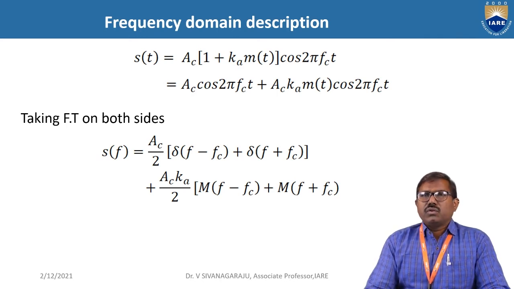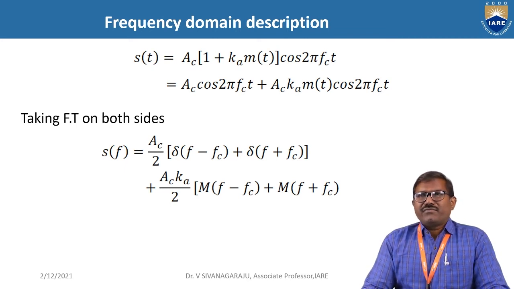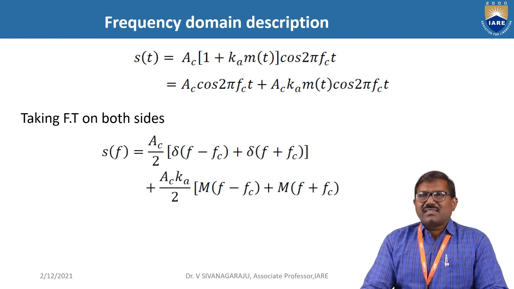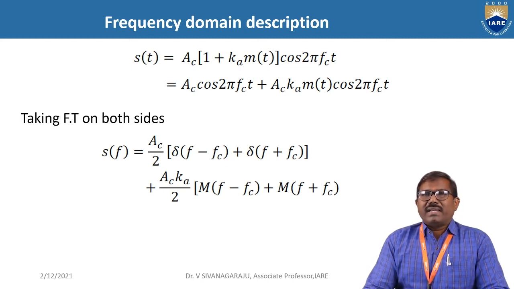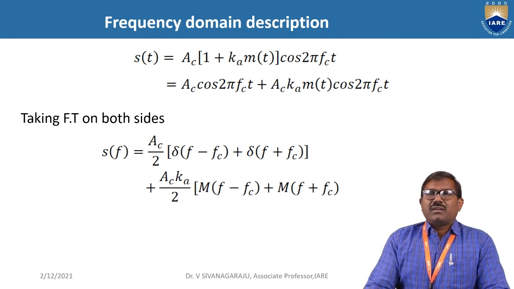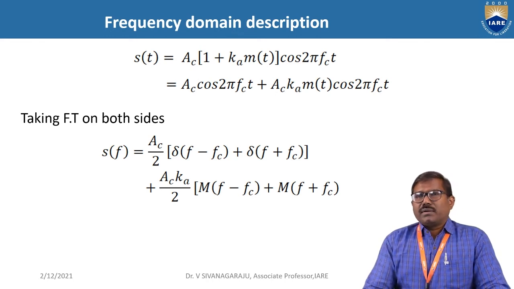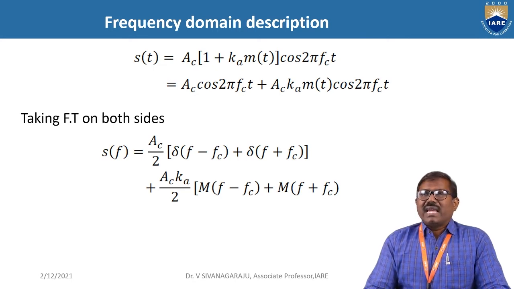So s of f is equal to Ac times the Fourier transform of cos 2 pi fc t, which is 1 by 2 of delta of f minus fc plus delta of f plus fc. That is what we get for the Fourier transform of cos 2 pi fc t. And the next one we have, summation plus Ac Ka m of t.